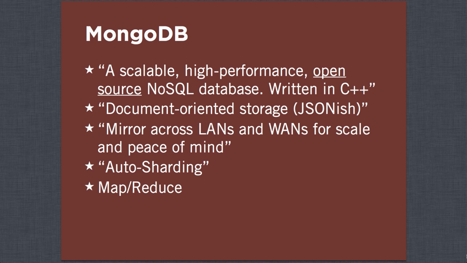But those of you who are familiar with the JSON file format will be very familiar with MongoDB. A very cool part of MongoDB is that it mirrors across LANs and WANs for scale, so we can duplicate our database in a bunch of different places for easy replication and easy backups. So it also scales very well, and it's built to do that out of the box.